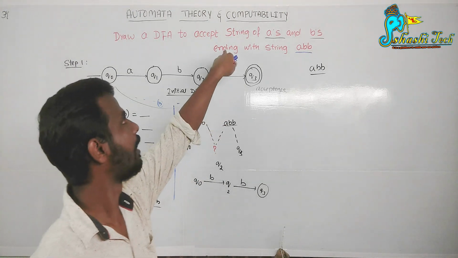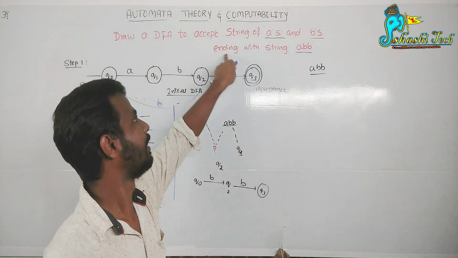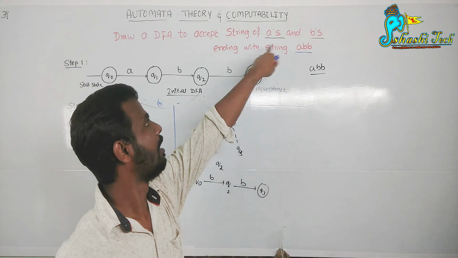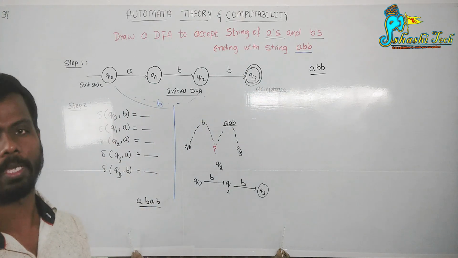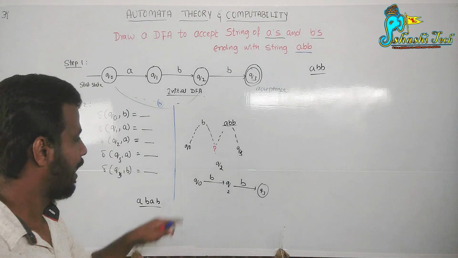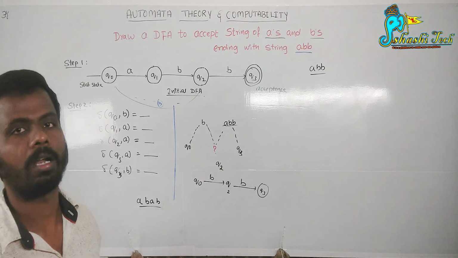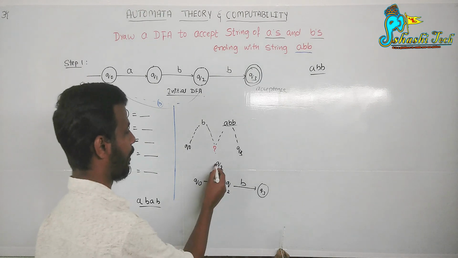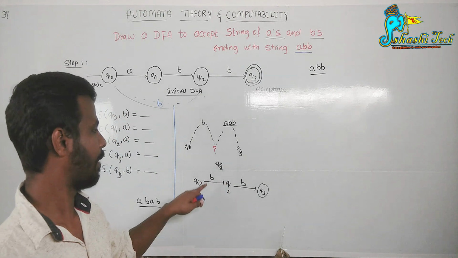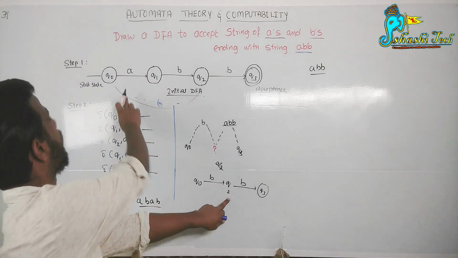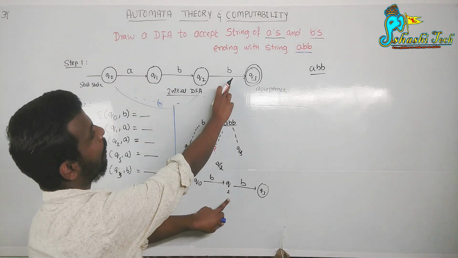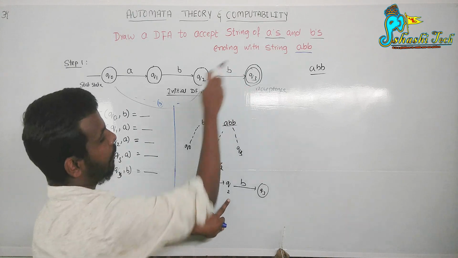No, because they have clearly mentioned that the string should end with ABB. Where is ABB here? Writing Q2 is not a correct way, because it is coming with BB. Q0 upon accepting B reaches the Q2 state, then upon accepting B it reaches the Q3 state.